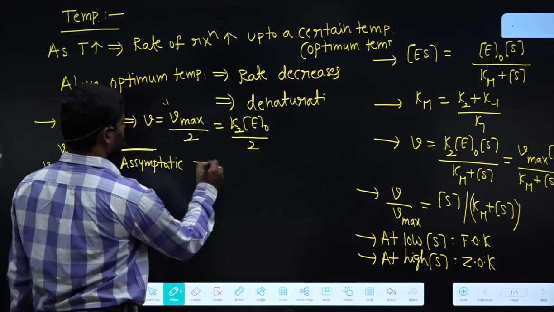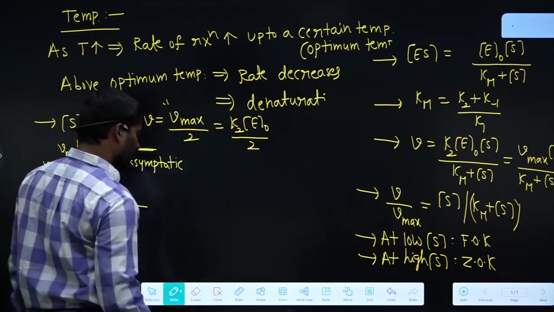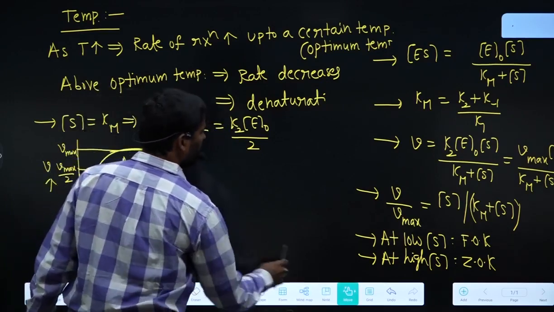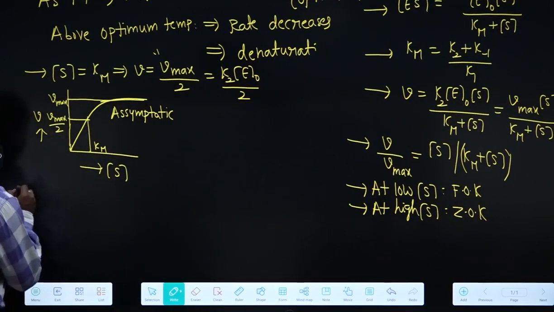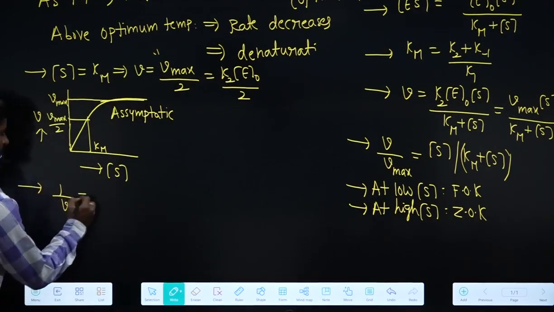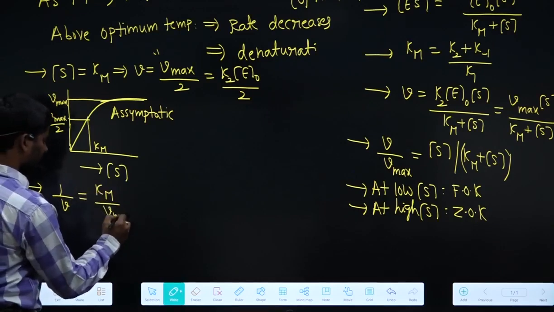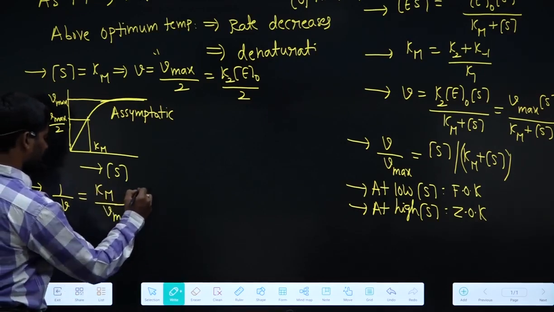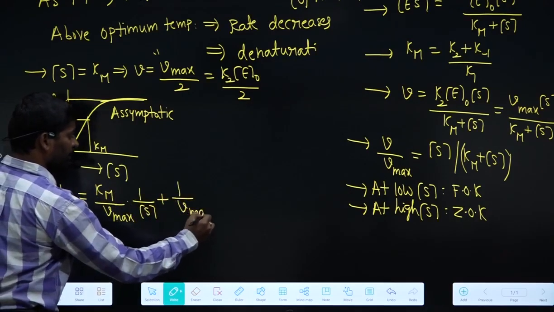Next, turnover number not required. Lineweaver-Burk plot, or double reciprocal plot: 1 by V is equal to Km by V max into 1 by concentration of S plus 1 by V max.